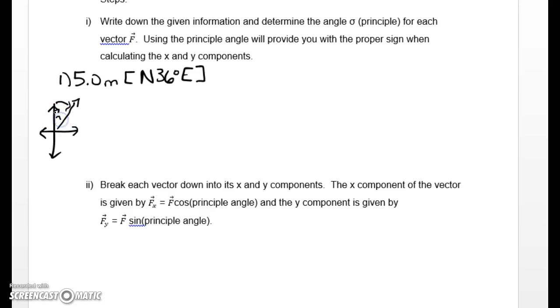So this right here is 36 degrees east. But what we want is this angle right in here, because that is our principal angle. It measures from our positive x-axis and goes counterclockwise. To find that principal angle, all we're going to do is take 90 degrees and subtract that angle, which is 36 degrees, which will give us a total angle of 54 degrees.